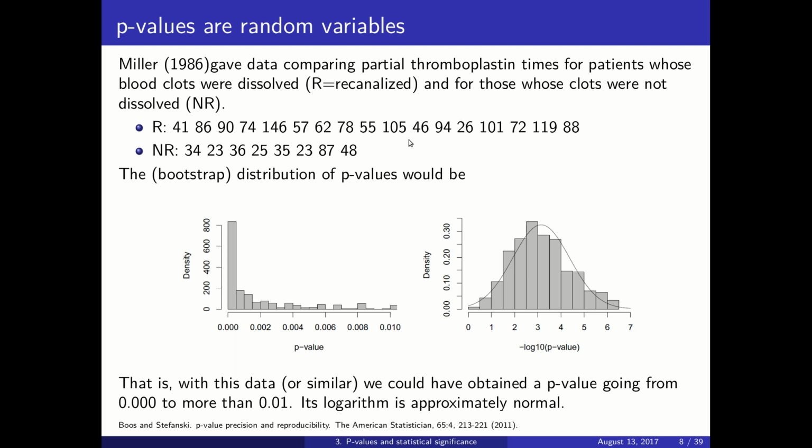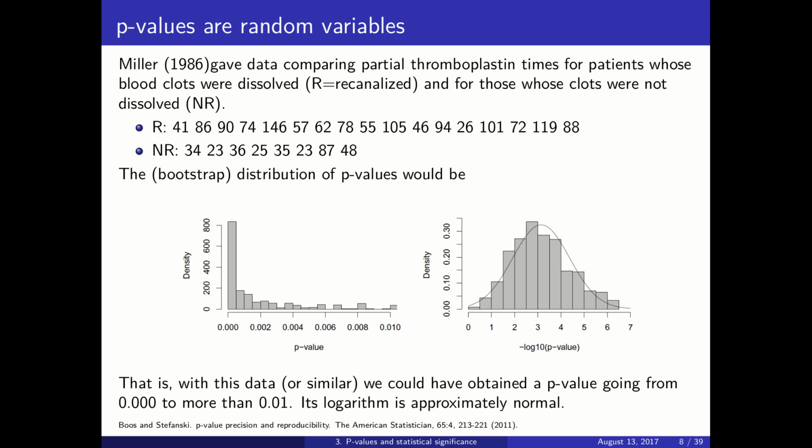So the p-value here, we don't have it, but let's say it is in the order of 10 to the minus 3. So that is an observation of the p-value. The p-value in itself is a random variable.